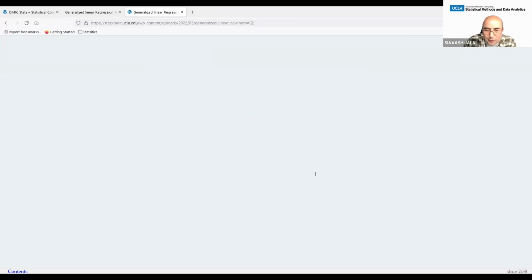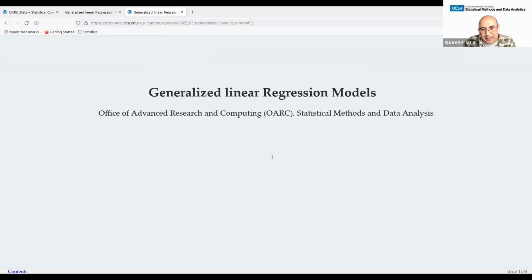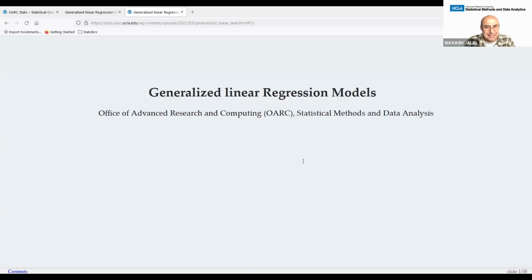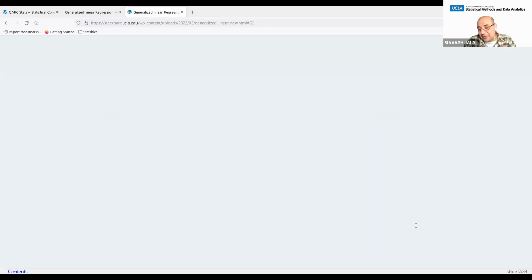By the way, if you want to copy paste some code or something, you can click on K, and then the mouse doesn't advance. Otherwise, if you click on the mouse, it will advance. Okay, and then you can use page down, page up.